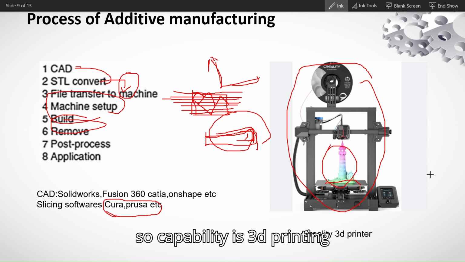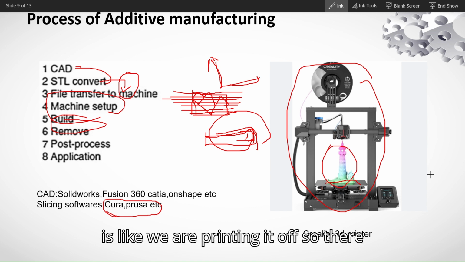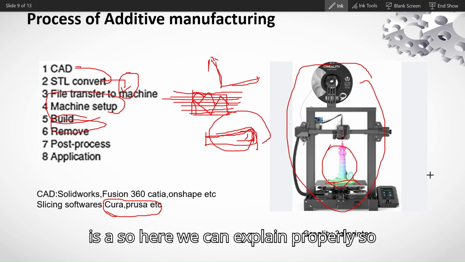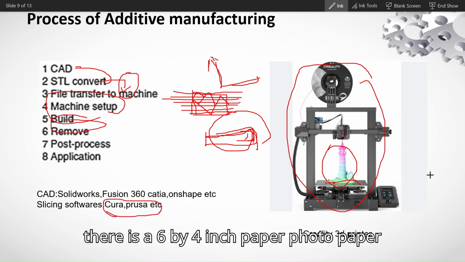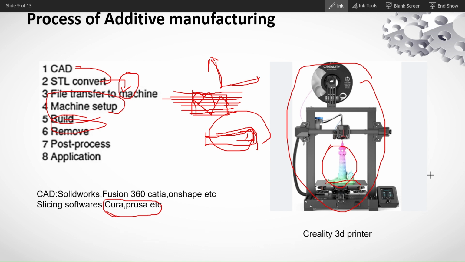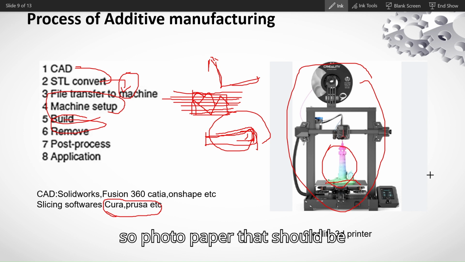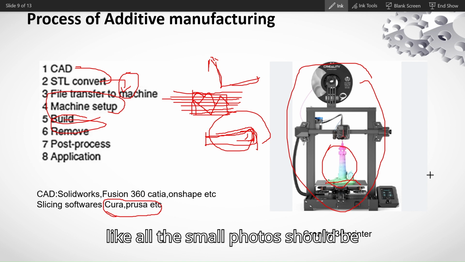So the capability is 3D printing, machine setup, build. Build is where we are printing it off. Here, as I mentioned previously, there is a 6 by 4 inch photo paper, and all the small photos should fit into this.